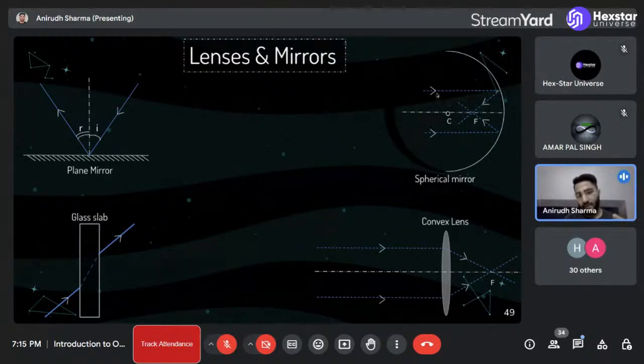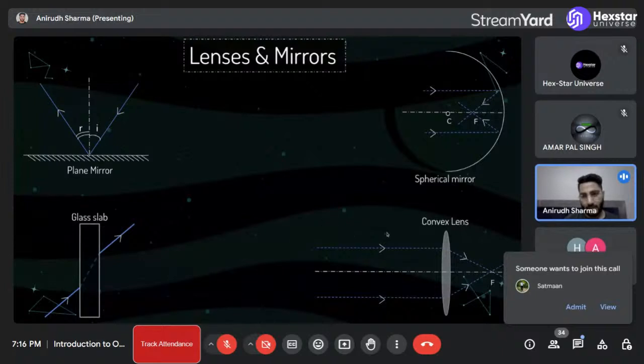But we also have developed some rules about it. So one of the rules is, if a ray is coming parallel, then all of the light would be reflected and intersect at a point called the focus.